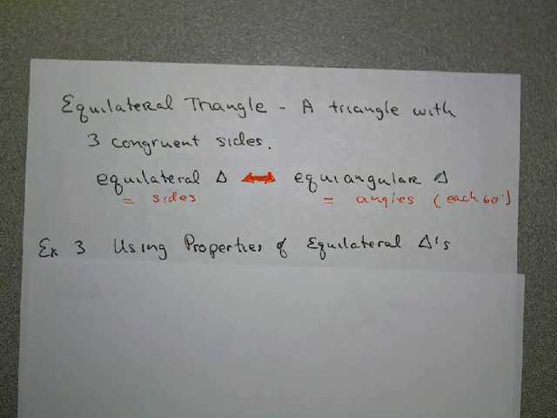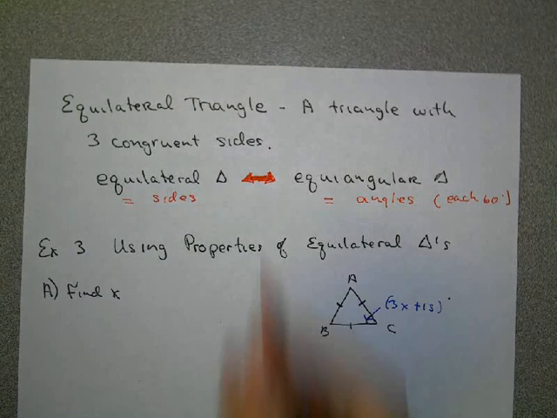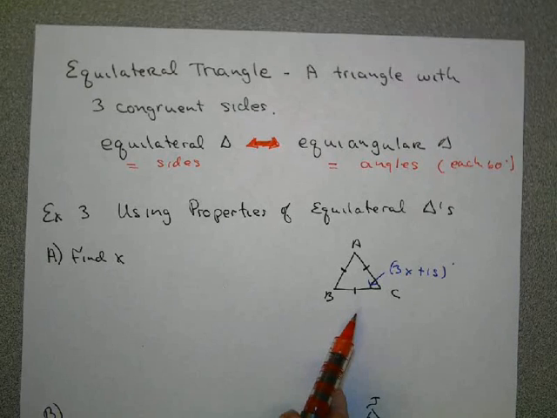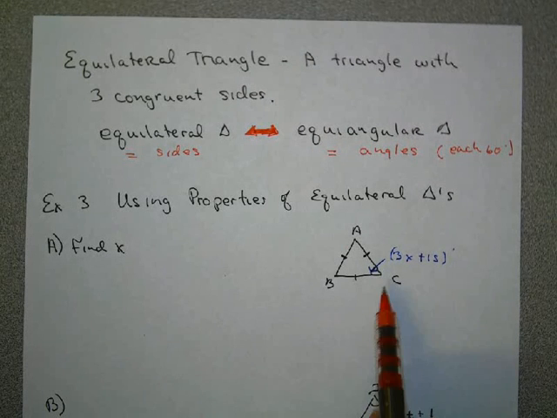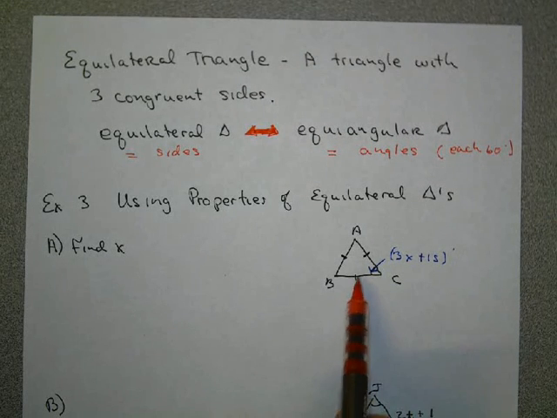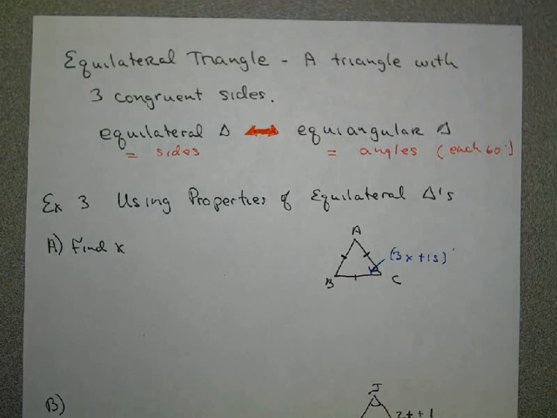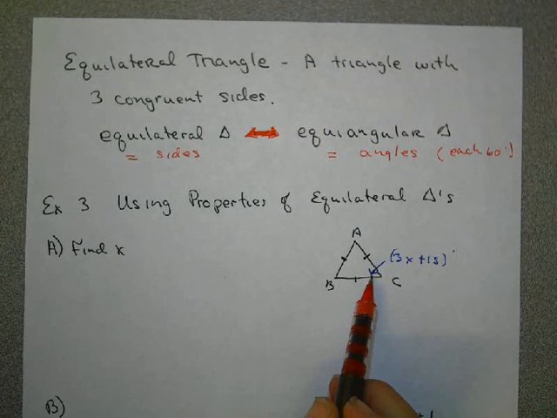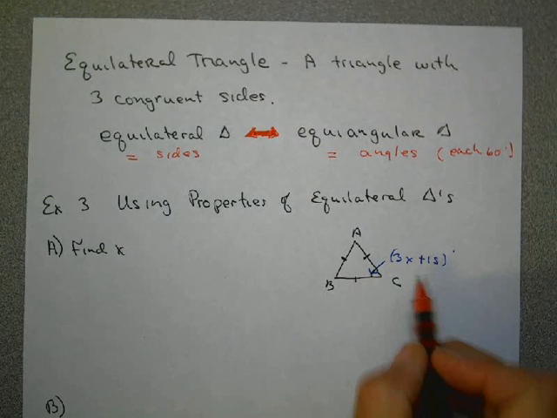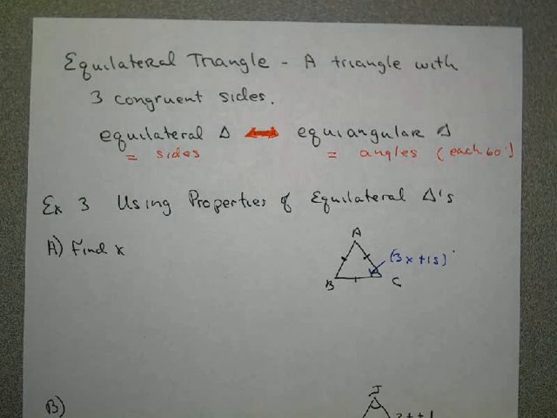You might get a picture that looks like this. You've got triangle ABC. Well, I see tick marks on all the sides, so I know they're the same. But I'm asked to find x, and I have an expression for an angle. But I put on my thinking cap, and I say, okay, equal sides means equal angles.